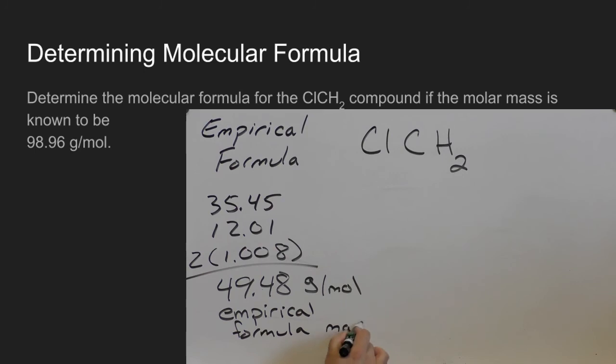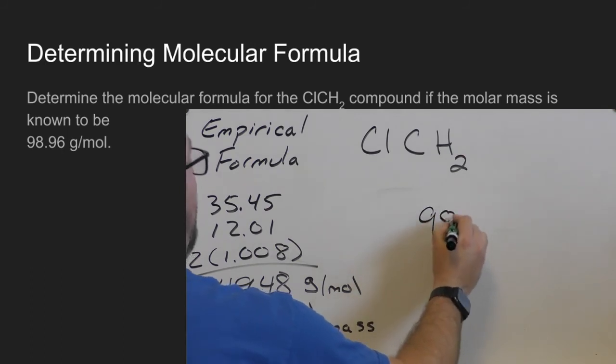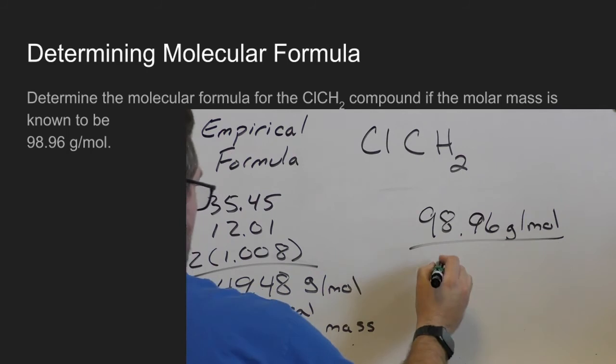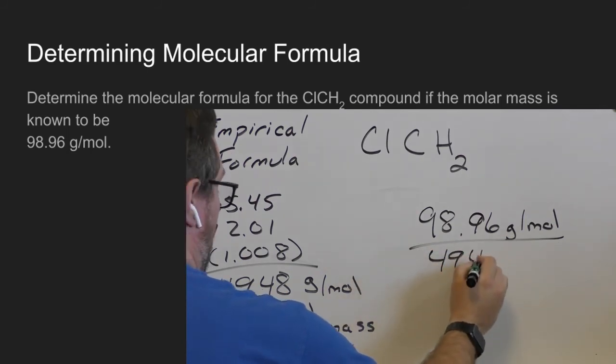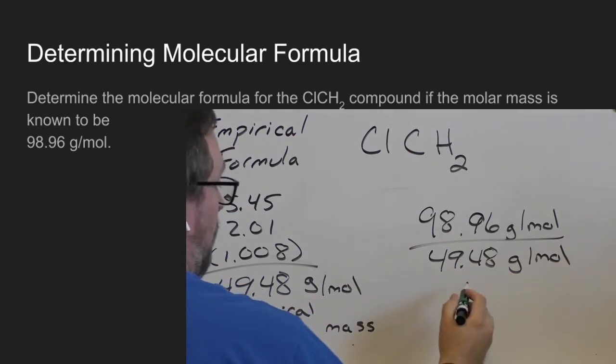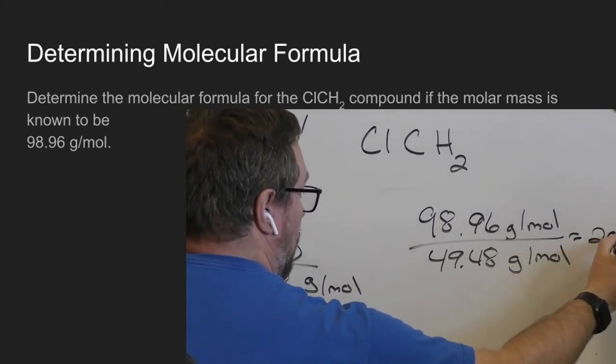If this was equal to the molar mass of the compound, then we know that the empirical formula would be the molecular formula. It's not. So we're going to take the molar mass and divide by the empirical formula's mass. So 98.96 grams per mole divided by 49.48 grams per mole is about 2.